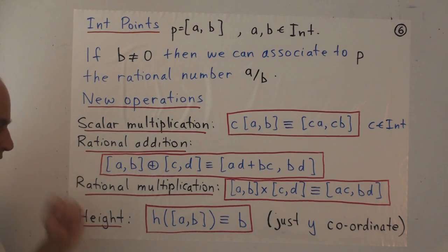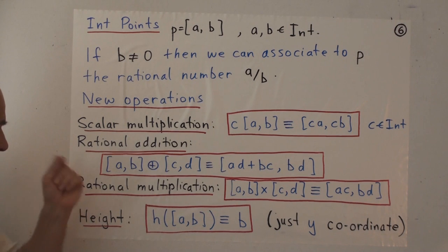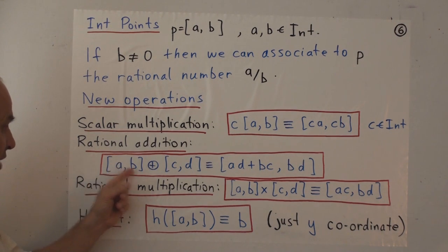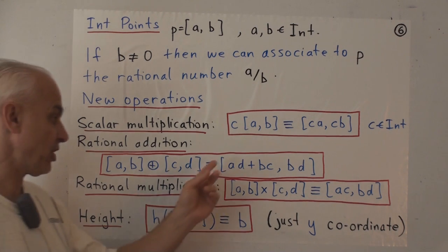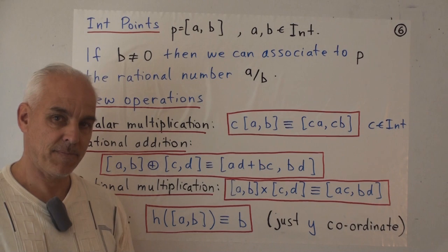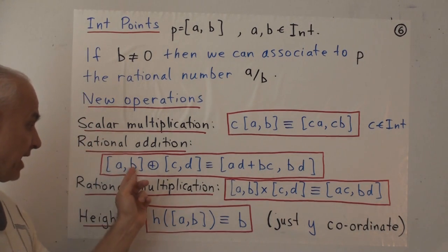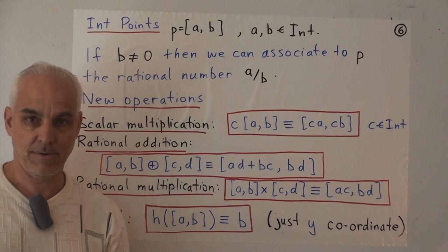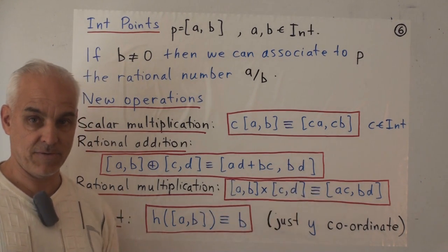Now I hope this looks a lot like addition of fractions to you. This is exactly what we do when we add the fraction a over b to the fraction c over d. We get the fraction (ad plus bc) over bd. When we're dealing with fractions, we have to insist that the second entry is not 0, because we don't want to end up with a fraction that has a 0.